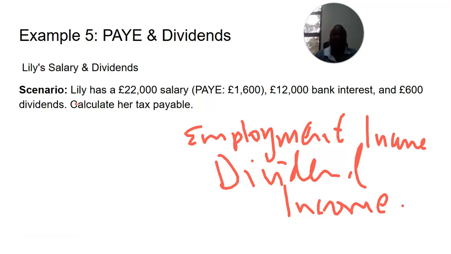So a lady by the name Lily has a salary of 22,000. Always remember that these figures would be annual figures, okay? Because taxation is on a fiscal year, okay? And remember that the UK fiscal year starts from 6 April to 5 April.